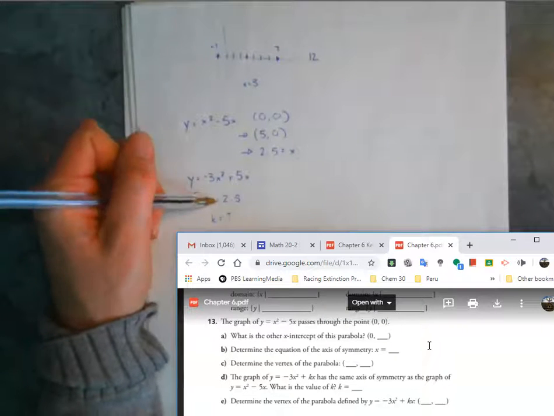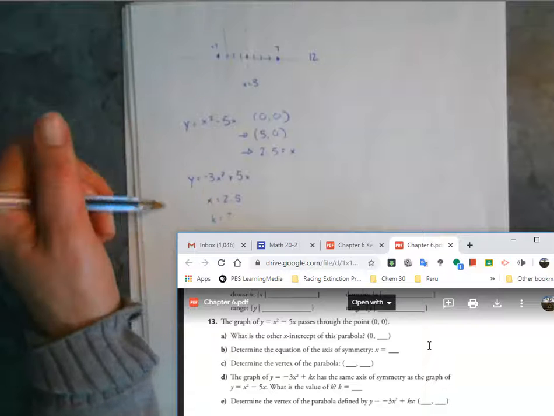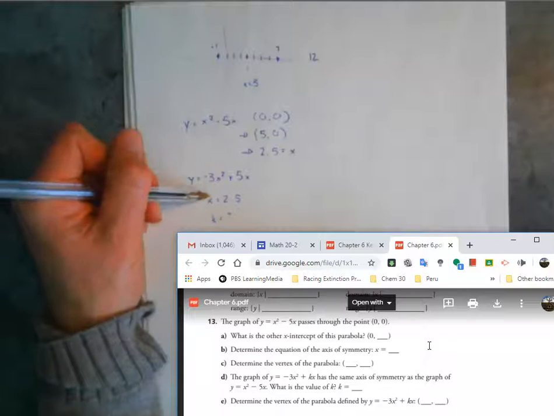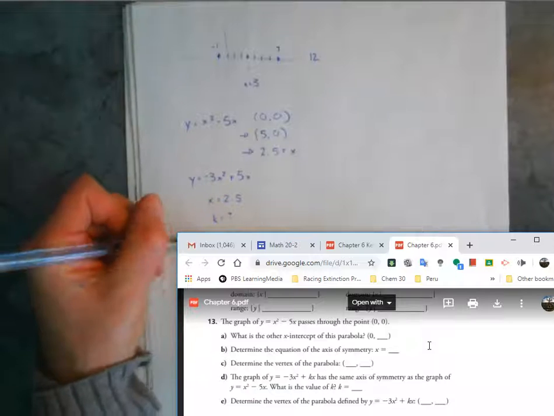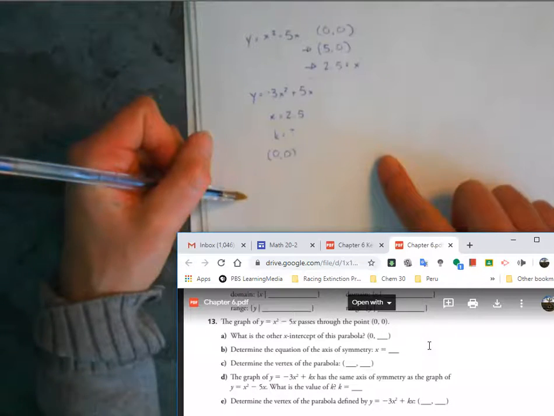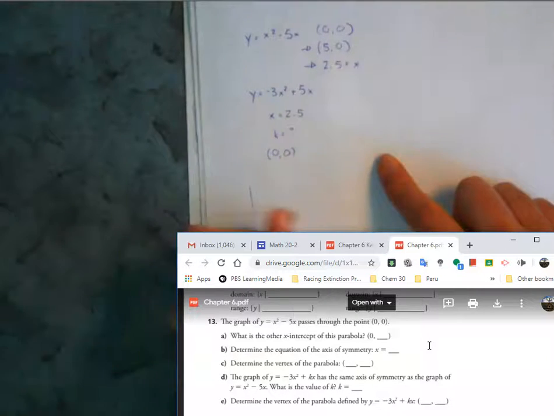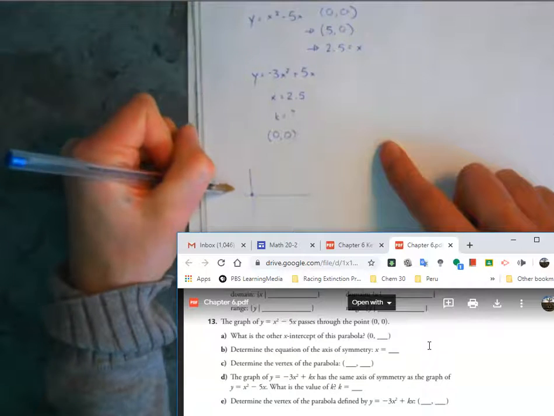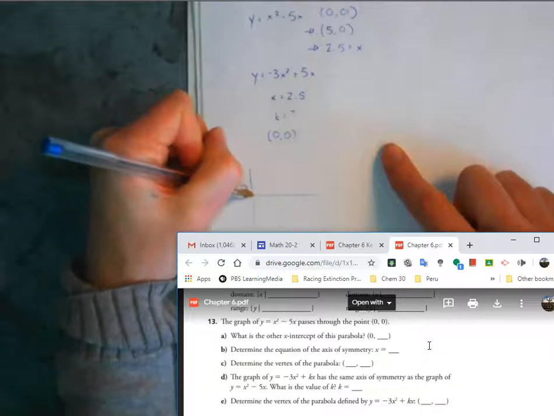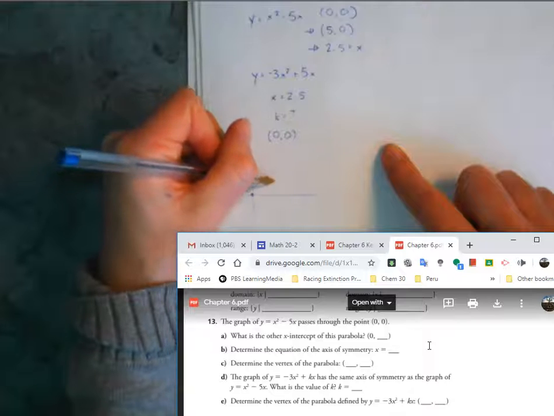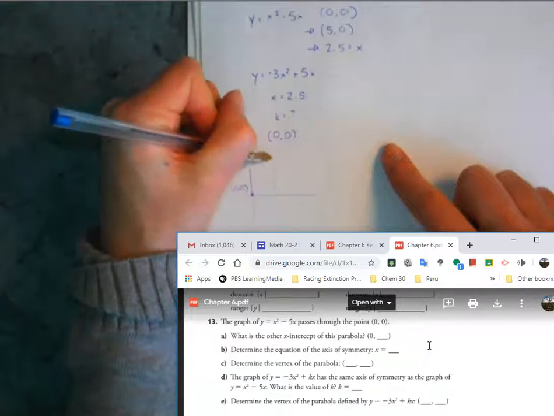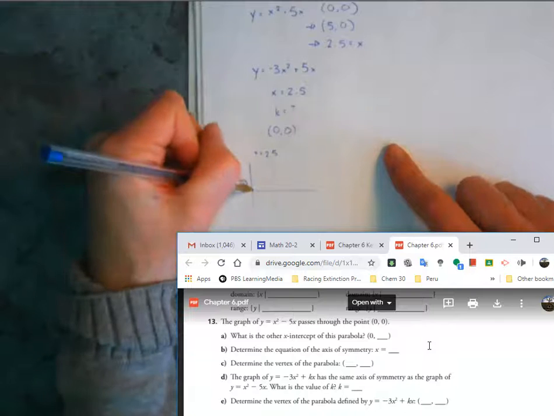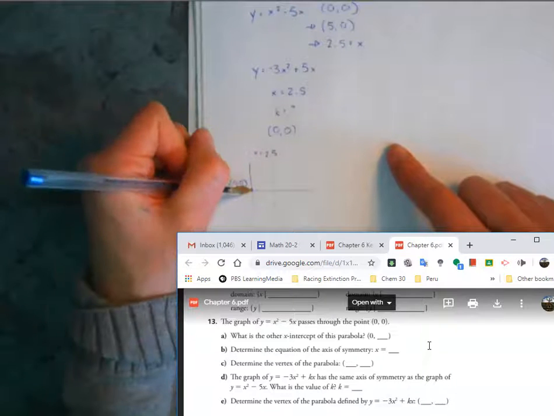Okay, we can solve for the other x-intercept because we know what our axis of symmetry is. So basically with this graph, we have a point here at 0, 0. And then we have an axis of symmetry at 2.5. So where would our other x-intercept be?